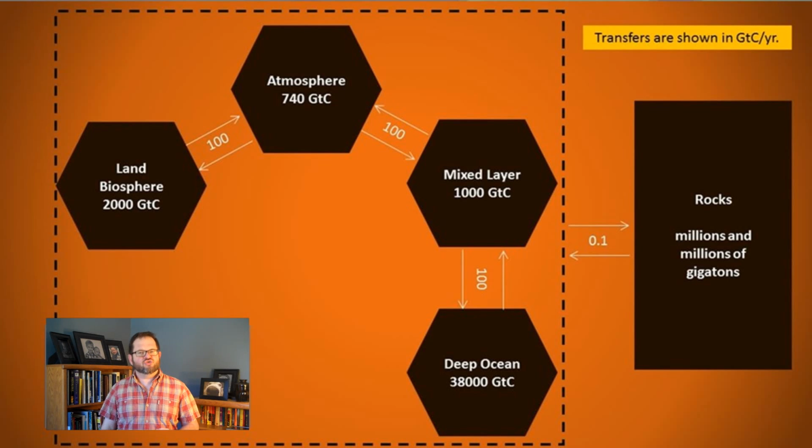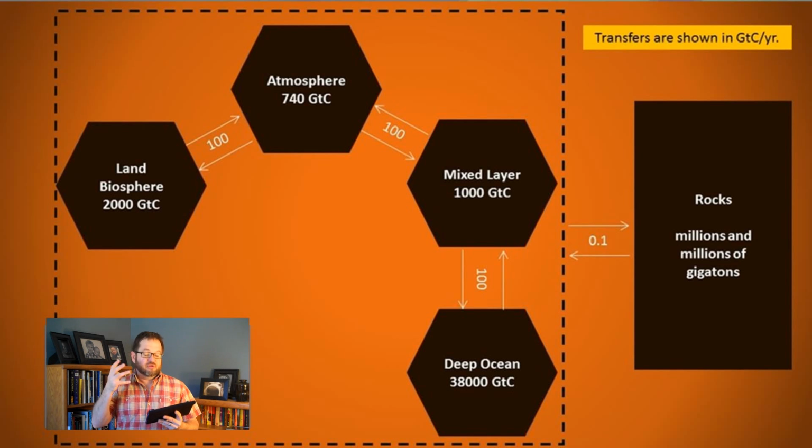This is a diagram that I use when I'm talking to classes about the carbon cycle. Each of those grayish-brown shapes there represents a reservoir of carbon in the Earth system. Going from left to right, we could talk about the land biosphere, like forests and crops and stuff like that, and they hold about 2,000 gigatons of carbon.